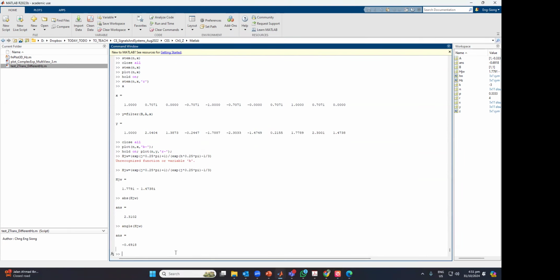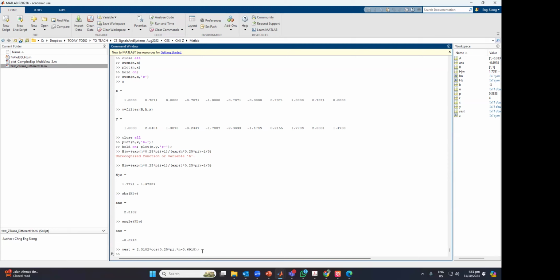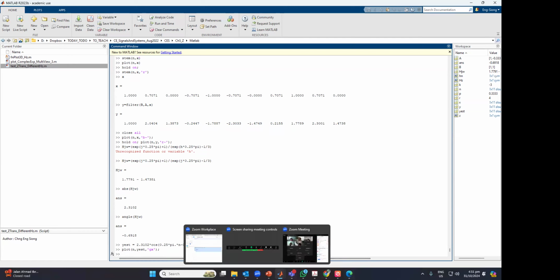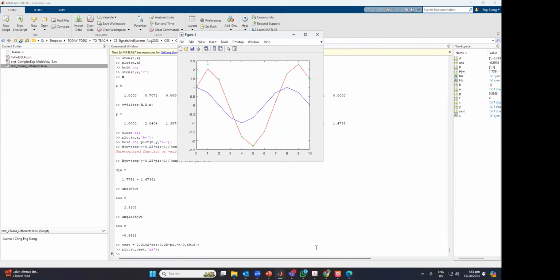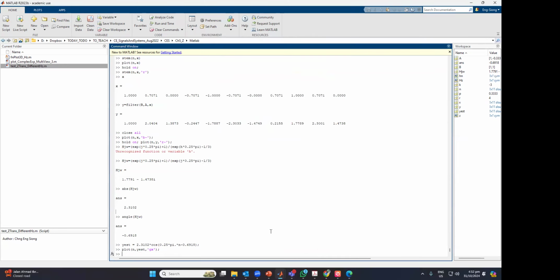So now y estimate is equals to 2.3102 times cosine of 0.25 times pi times n minus 0.6918. y estimate. Oops, I got y estimate. And now I'm going to plot onto my green. Now I use my x, and now I call it y estimate. And voila! I got it wrong. No, I didn't.